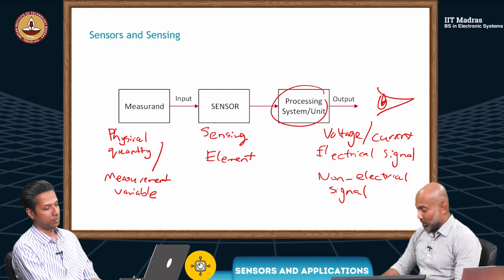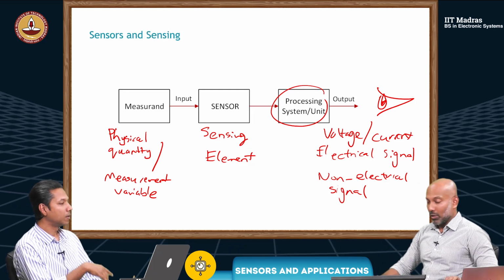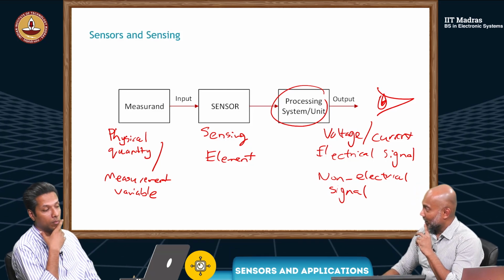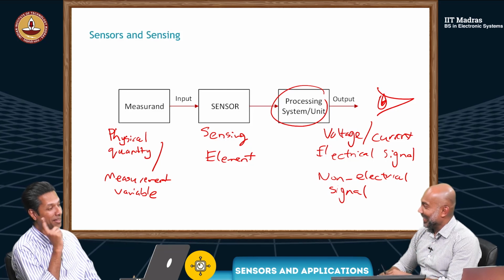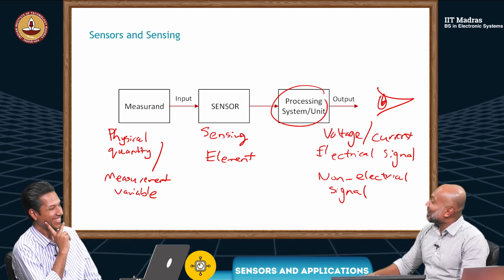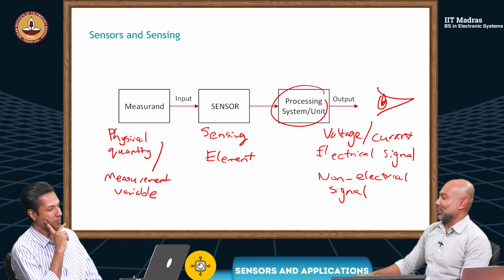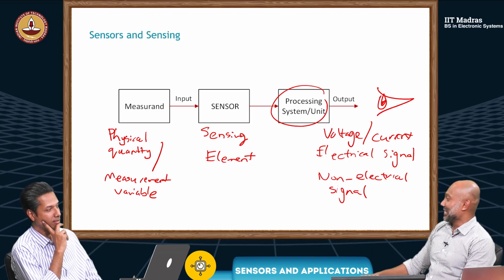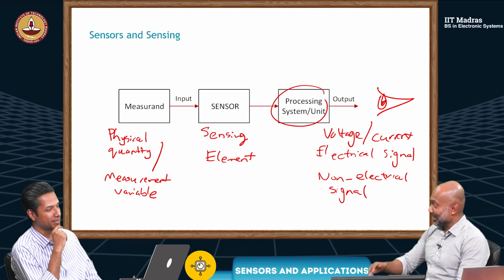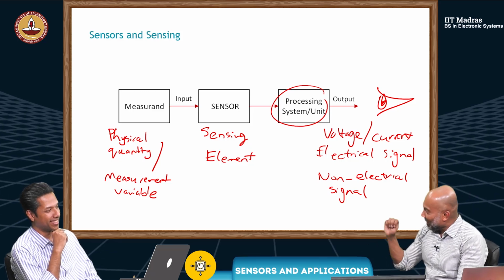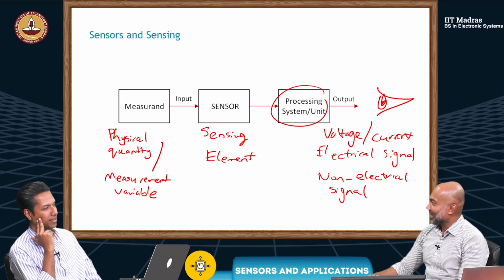So can you give me an example of that? I'm using temperature because I think it is a good example to use when you talk about sensors, at least in the beginning. You saw a thermometer, right?